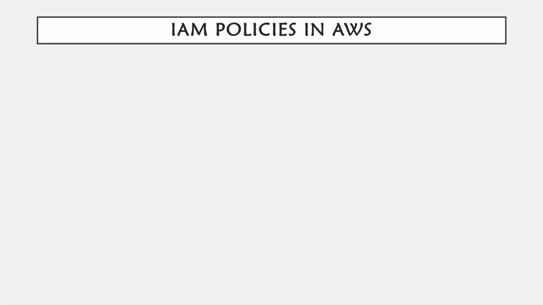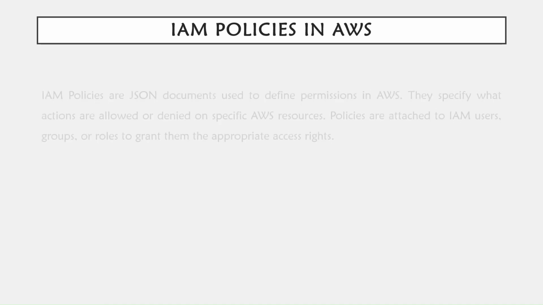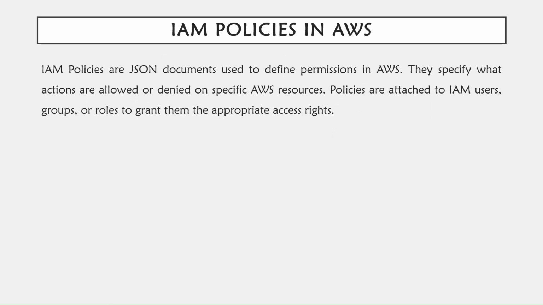The next key concept we have is policies. It's a JSON document used to define permissions in AWS. They specify what actions are allowed or denied on specific AWS resources. Policies are attached to IAM users, groups, and roles to grant them the appropriate access rights. Let's understand the key features of an IAM policy.